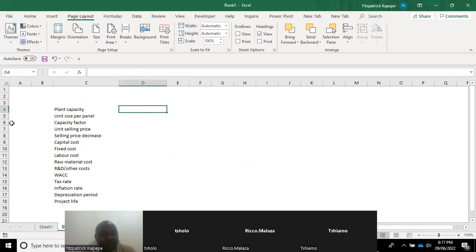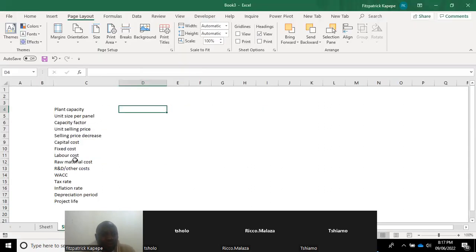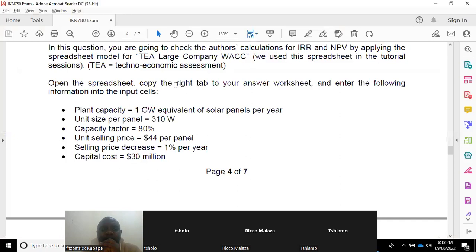So for me, everything's per panel, per panel, per panel. I'll convert this to watts. So the plant capacity, if we have 1 gigawatt, taking it to megawatts to be 1,000 megawatts.